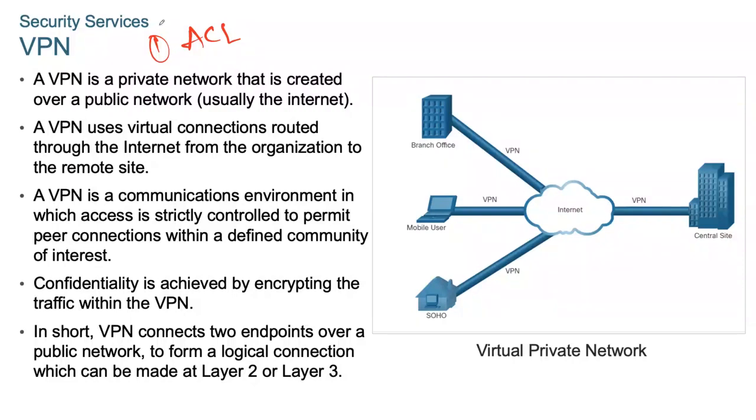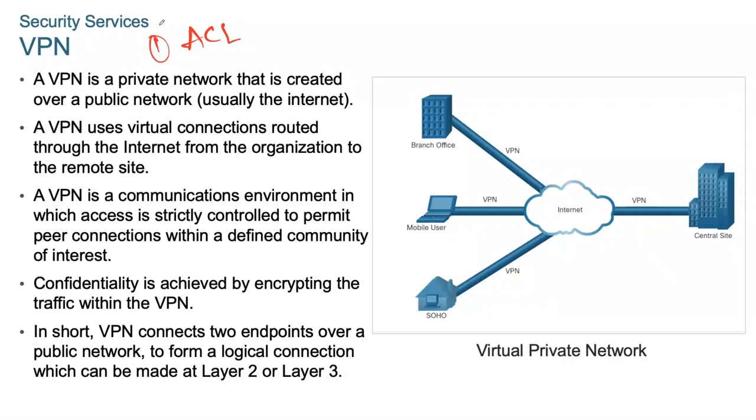There are two types of access control list which we discussed. There are many types out there. One, standard, good. Another one is extended. So how do we identify a standard IP access control list and an extended IP access control list? Based on number.